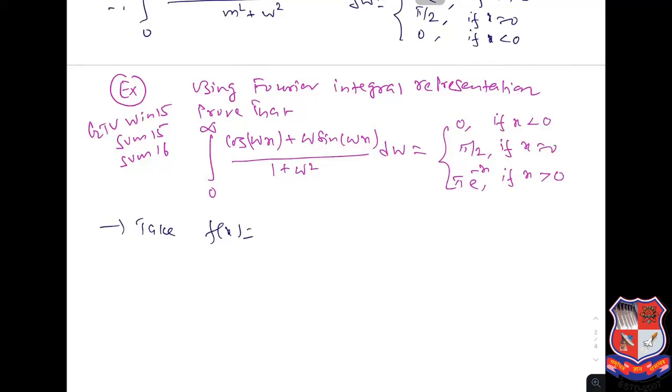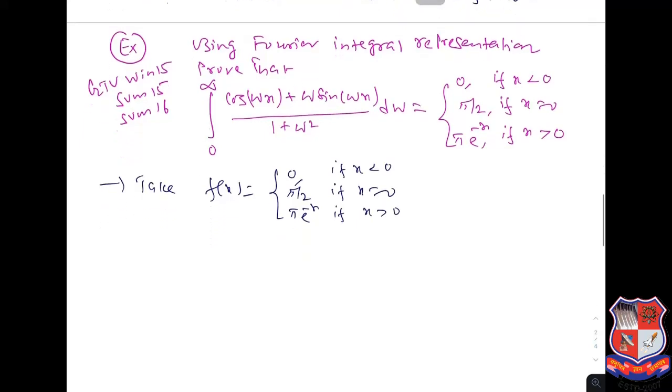You take f(x) equal to 0 if x less than 0, pi by 2 if x equal to 0, and pi e power minus x if x greater than 0, and find the Fourier integral representation.